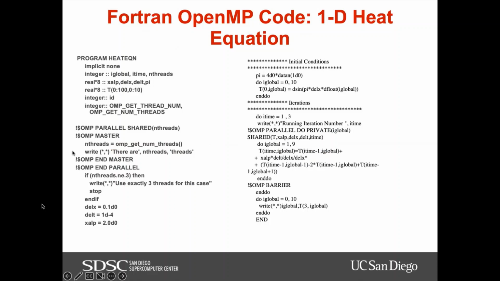So if you look at the equation, there is the initial part, which is run only by the master. So this is where I'm doing the master directive that I was talking about. And I'm using exactly 3 threads here, not for any reason that is tied to OpenMP.